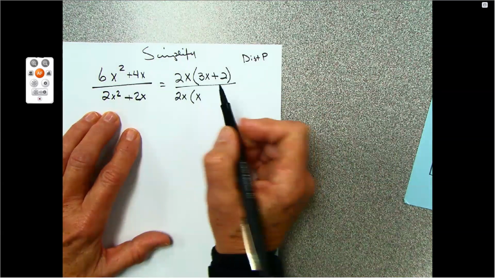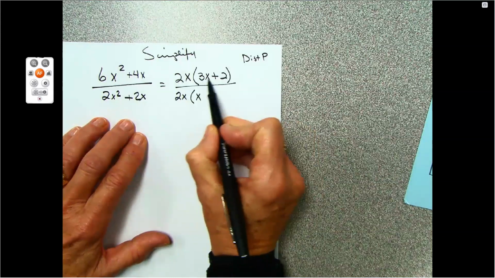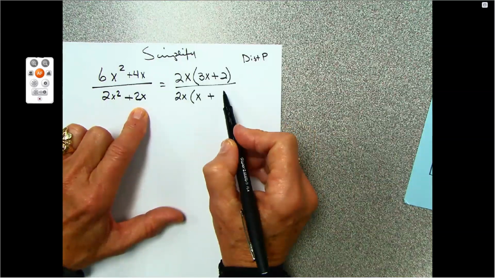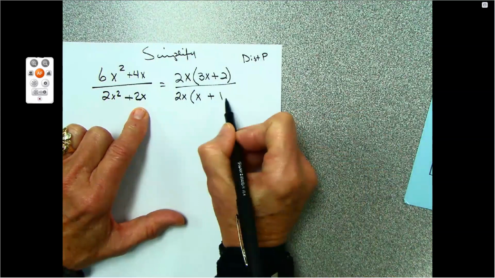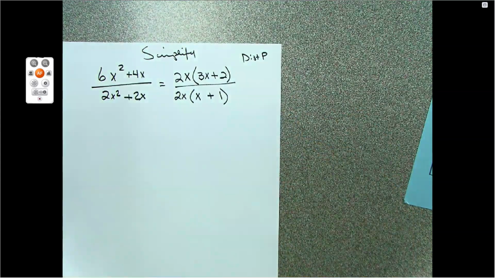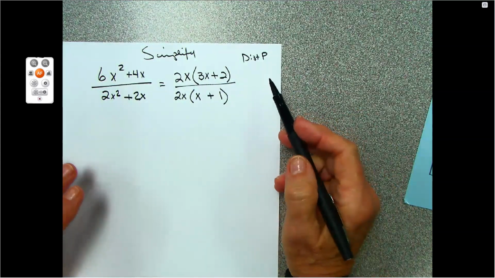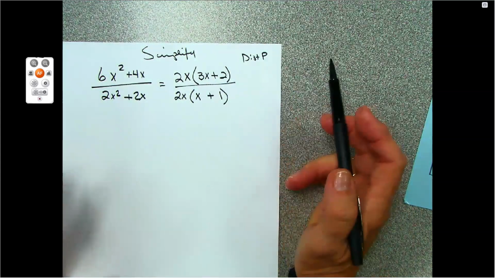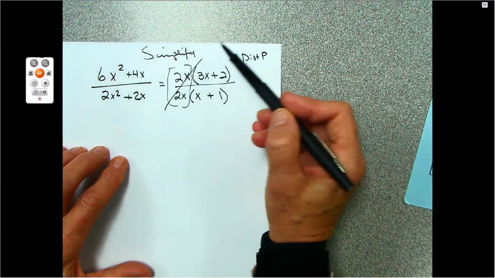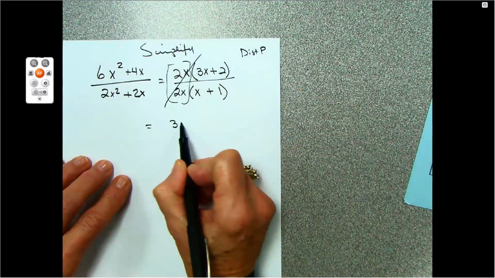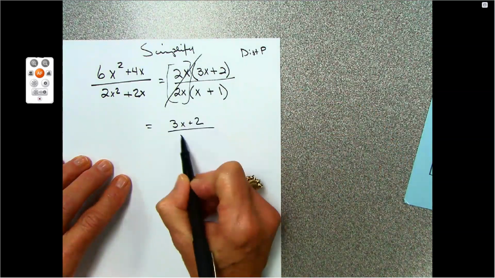See an x? Pick up your sign. And 2x times what will give me 2x? 1. Okay, yeah, thank you. And now we look for other names for 1. 2x over 2x is another name for 1, leaving (3x plus 2) over (x plus 1).